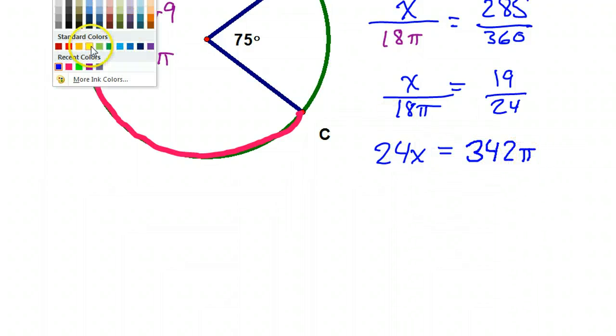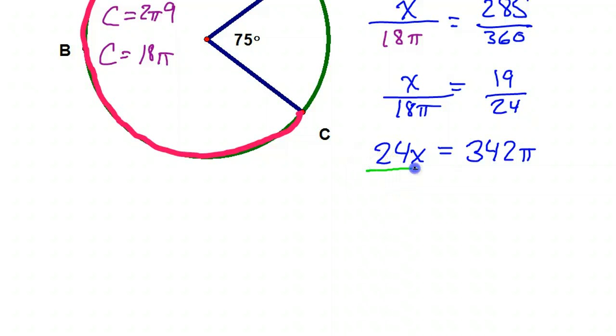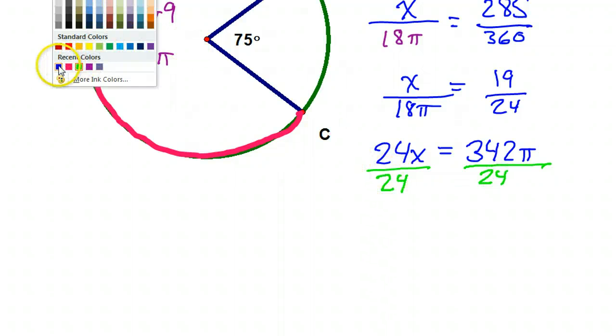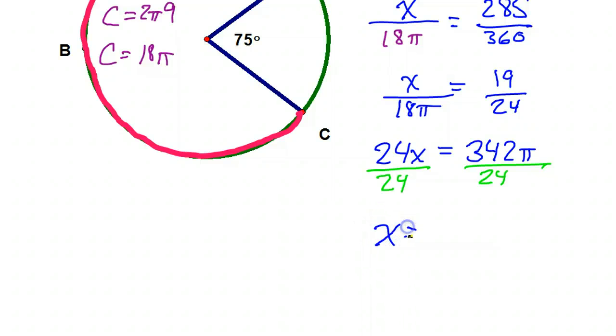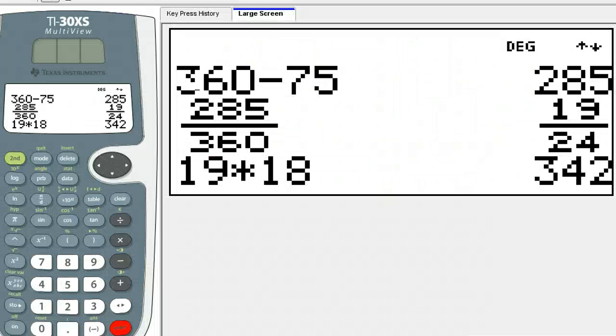All right, follow my lead. Do my good habits. Now I'm going to divide both sides by 24. Let's reduce this: 342 pi over 24.